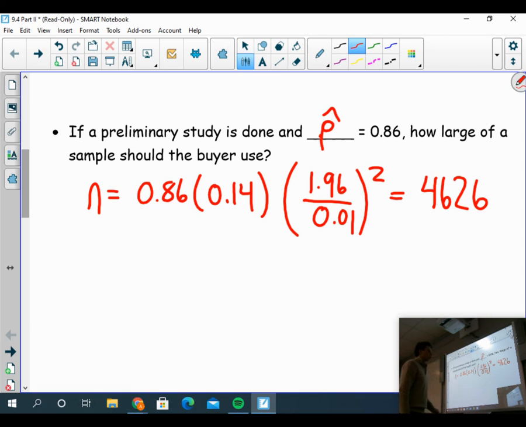In other words, to ensure that the margin of error I'd be adding and subtracting to my sample proportion is no more than 1% at a 95% level of confidence, I've got to have a sample size of 4,626.